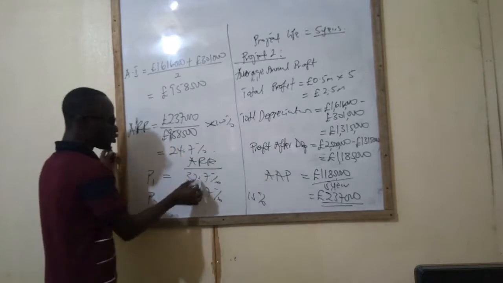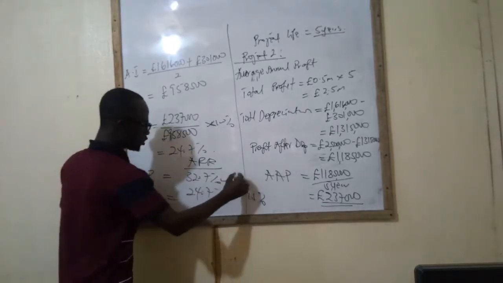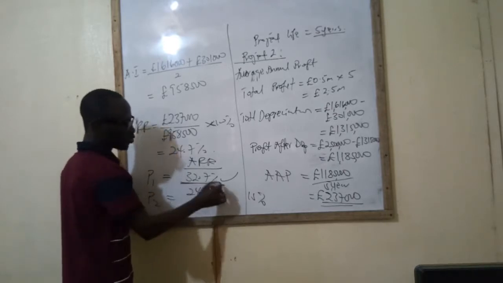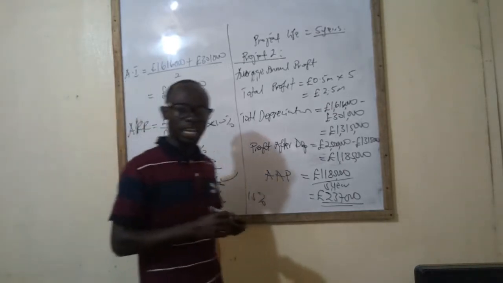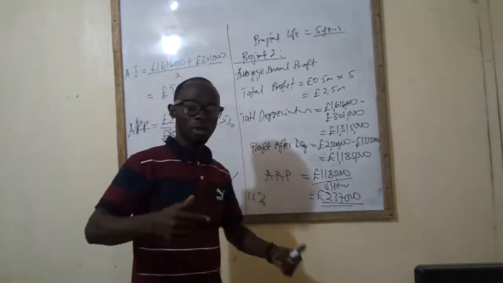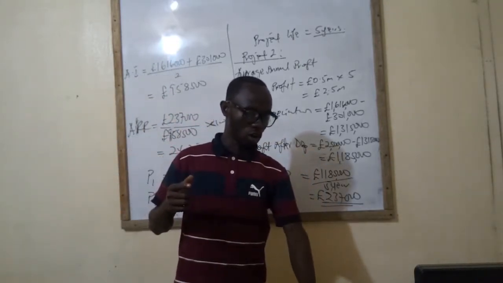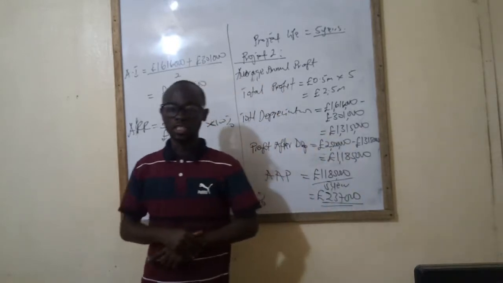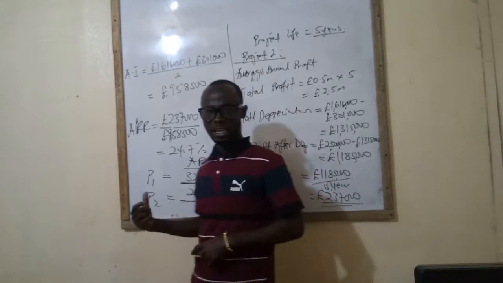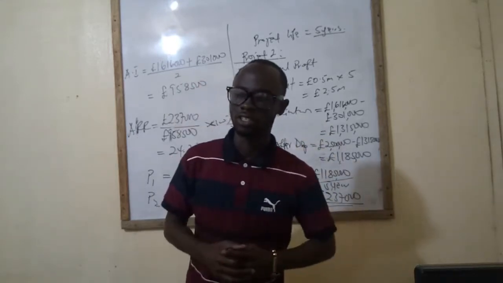So we look at these two, we realize that project 1 is bigger than what? Project 2. So since the rate for project 1 is bigger than project 2, we say that using the accounting rate of return, the company should undertake project 1, because its return is greater than the company's cost of capital and certainly greater than the accounting rate of return for project 2.